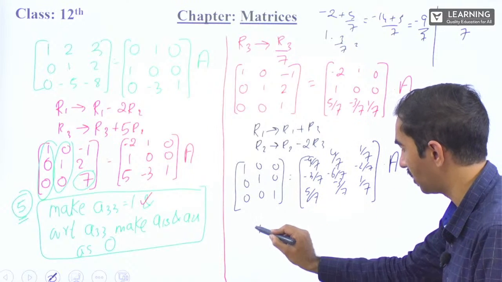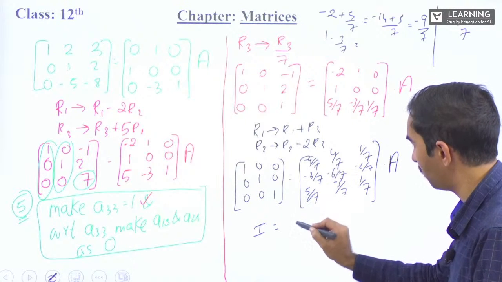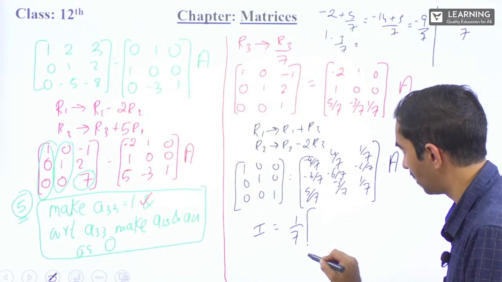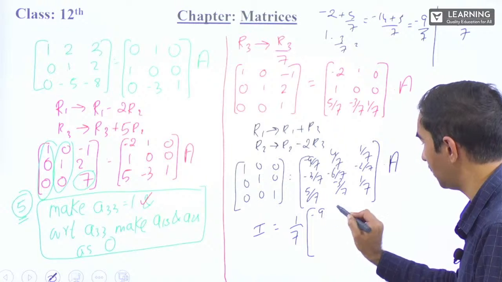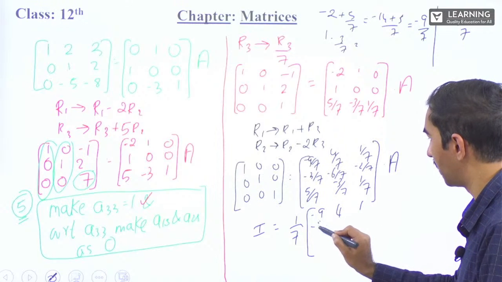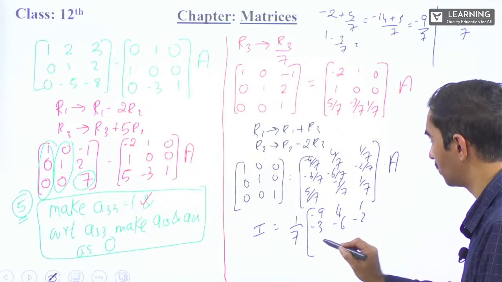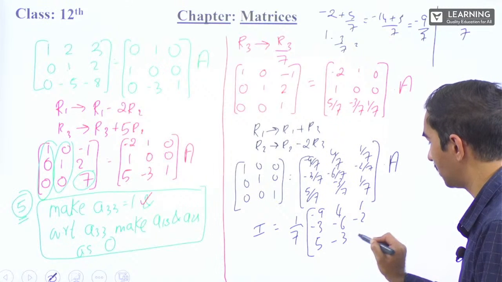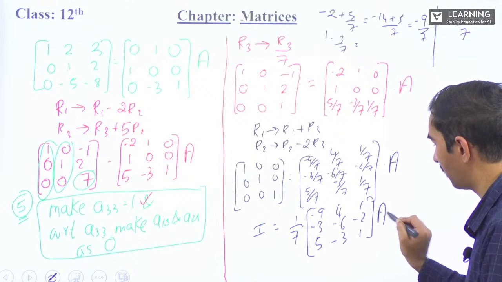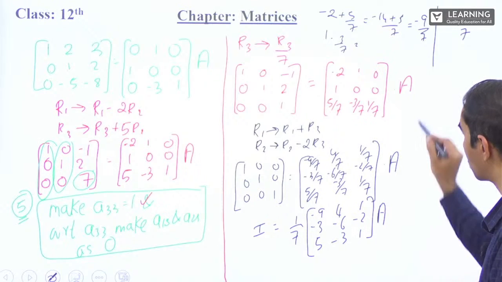So this can be written as what? 1 by 7 we can take common. 1 by 7 of, write down the elements, minus 9, 4, 1, minus 3, minus 6, minus 2, 5, minus 3 and 1 of A. Send this A on that side, students. What will happen?